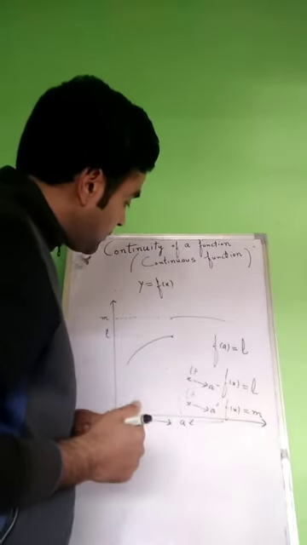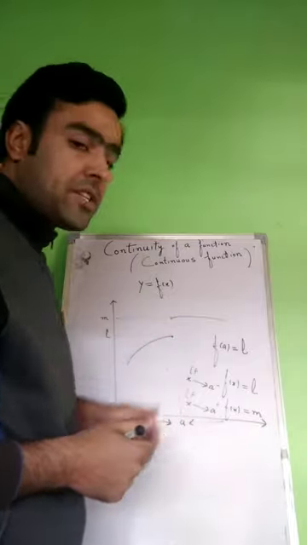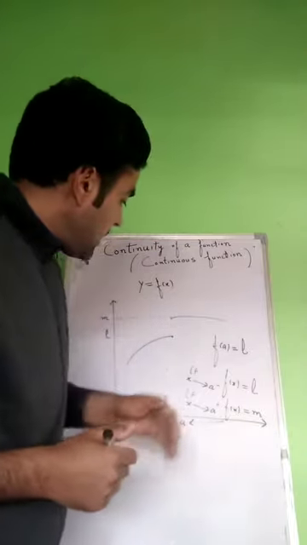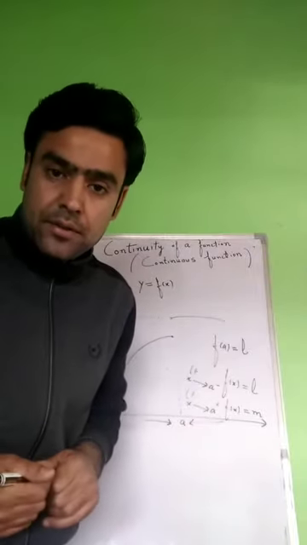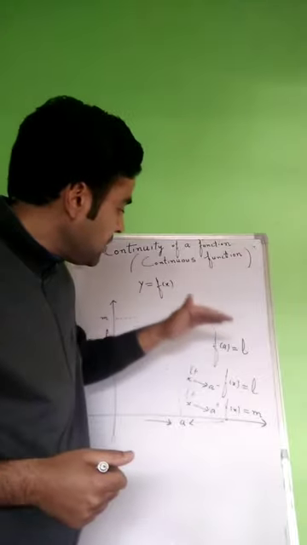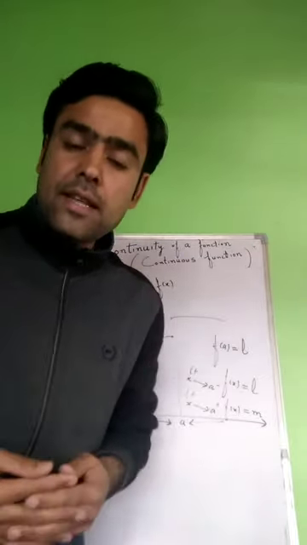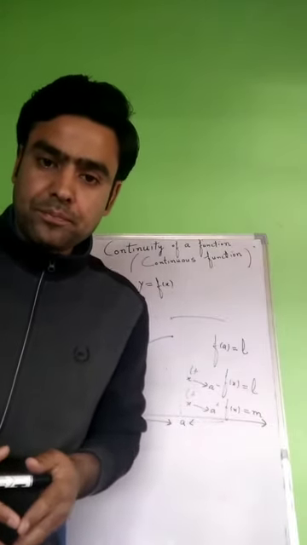Now, we can say that for a function to be continuous at a point, the left hand limit must be equal to the right hand limit, which in turn must be equal to the value of the function. Then only we can say that the function is continuous at a given point.